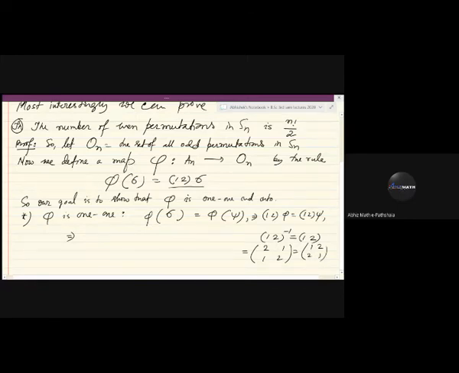So the inverse of the permutation (1 2) is (1 2) itself. Therefore we multiply the permutation (1 2) on both sides.